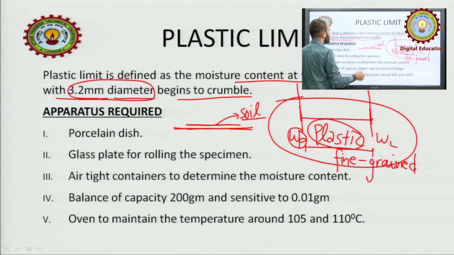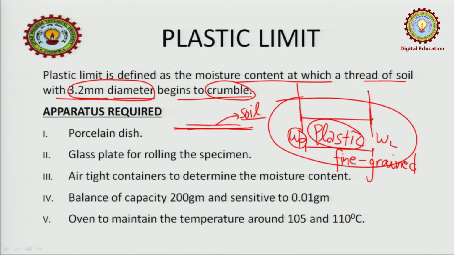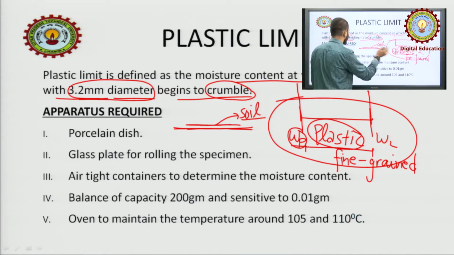At 3.2 mm we see whether the soil has crumbled or not. Crumbling means slight surface cracks are seen on the soil itself. If there is no crumbling, then we again reduce the water content further and continue the same procedure.